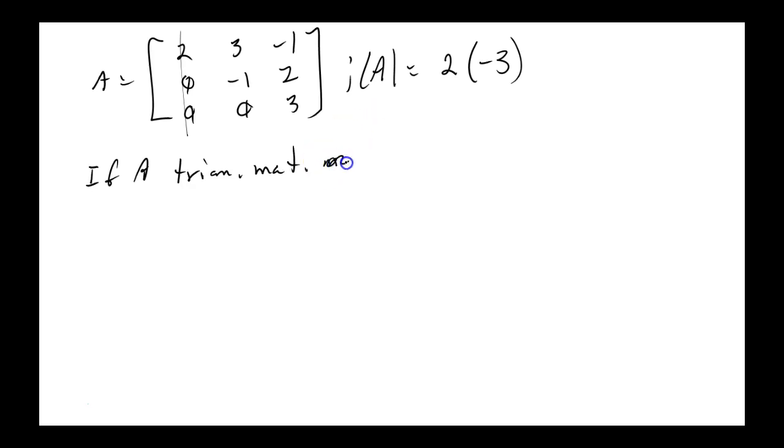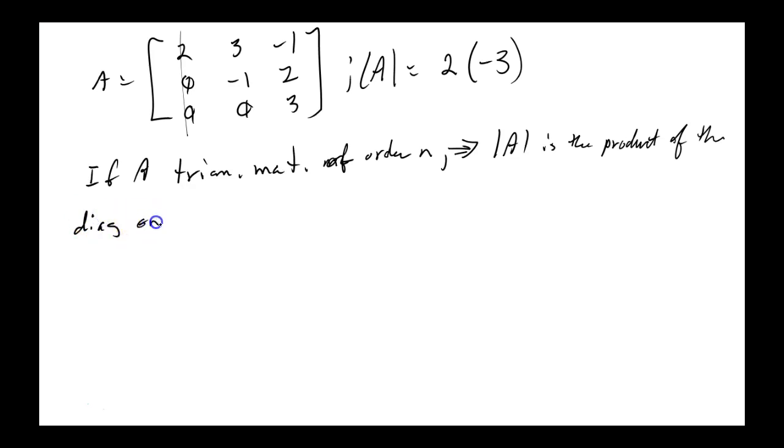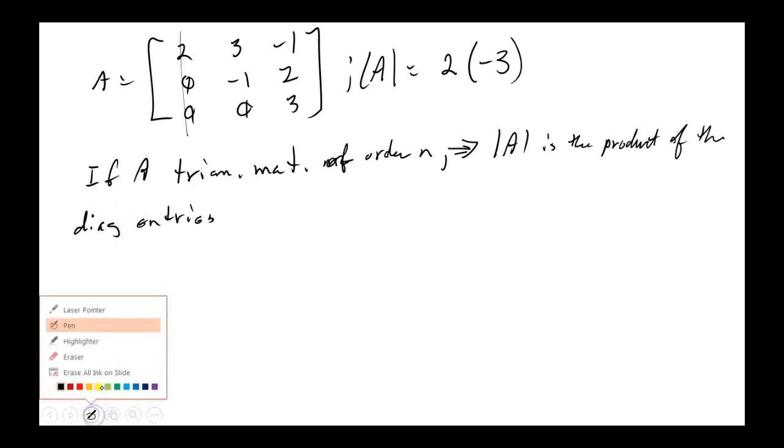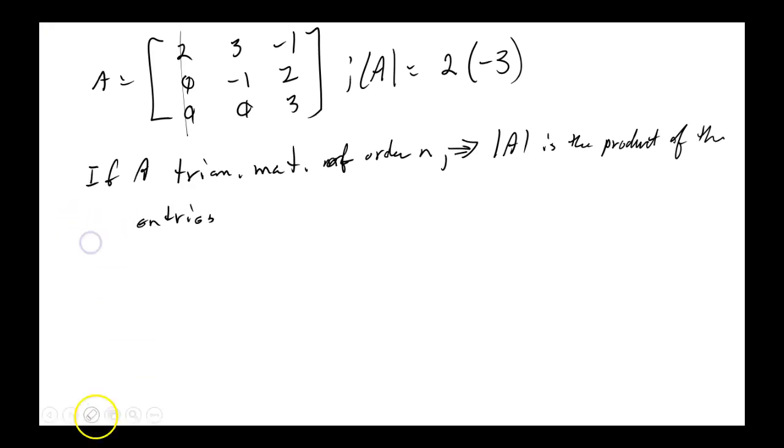Triangular matrix of order n, then the determinant of A is the product of the entries of the main diagonal.